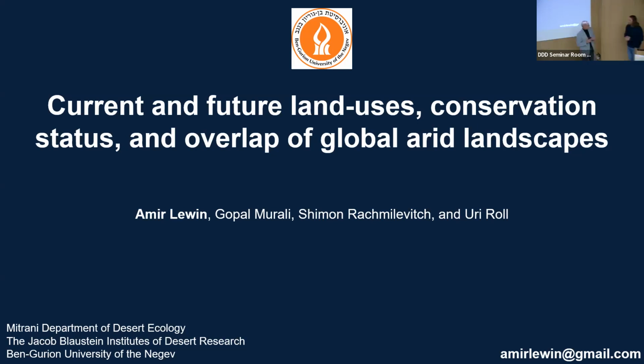So, sorry, what was your question? Why I showed different degrees of aridity, and then there was hyper-arid, and it showed that it was least protected in terms of percentage. And I'm wondering if hyper-arid is just nothing to protect, and that's why it's not protected.